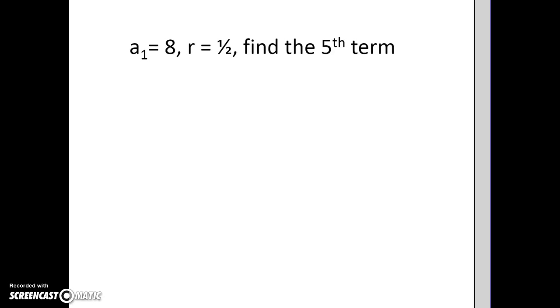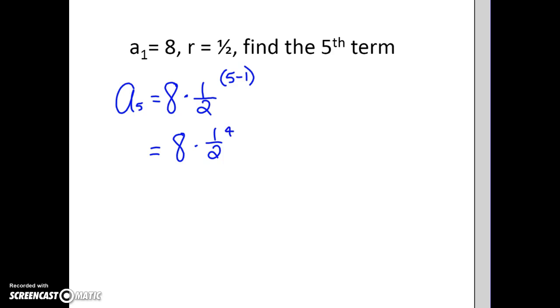This time, instead of giving me the pattern, they've given me the things that I need to put in the equation. A to the 1 is 8. R is 1/2. And they're telling me that the term is the 5th term. That means N is 5. So A to the 5th equals 8 times 1/2 raised to the 5 minus 1, equals 8 times 1/2 raised to the 4.